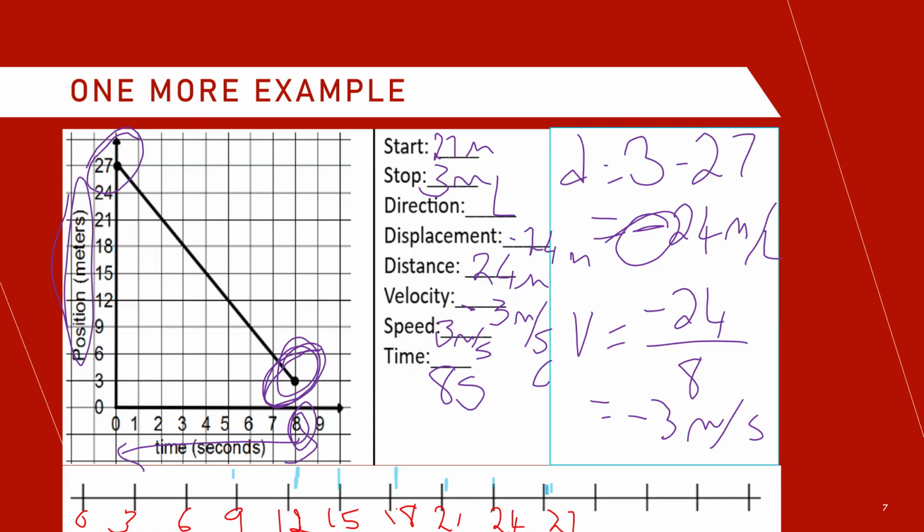Where did we end up? We ended up at 3. So this will be our last one. Let's go ahead, and the direction is backwards, so our arrows are going backwards. The size of our arrows is 3 meters.